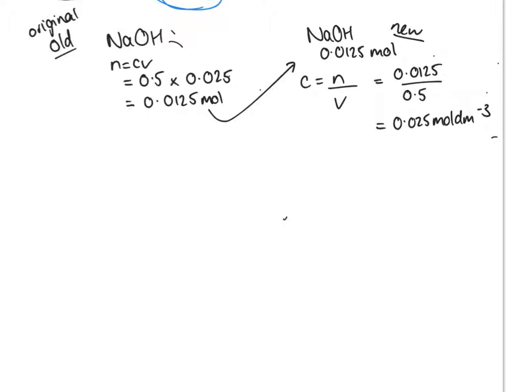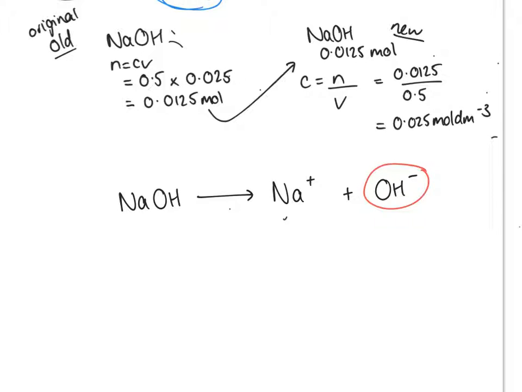From that, I need to work out my concentration of my hydroxide ions. So again, sodium hydroxide is a strong base or strong alkali, so it will fully dissociate into its ions. And it's the hydroxide ions that are going to affect the pH. Okay, so you can see that 1 mole of sodium hydroxide dissociates to give 1 mole of hydroxide ions.